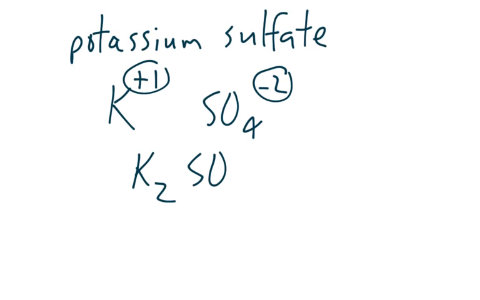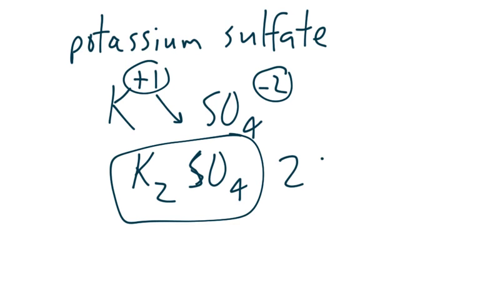The SO4 will get this 1. Now, since you don't have to write this 1, there is no need to write this parenthesis. So watch what I'm going to do. Since I don't have to put a 1, there's no need for a parenthesis. So what this formula tells you is that you need 2 potassiums for every 1 sulfate. That's the ratio. It's a 2-to-1 ratio.